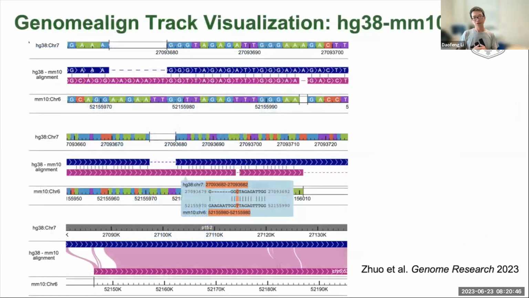Now I'm showing how the visualization is done for the genome alignment track. This example shows the alignment between human hg38 and mouse mm10, and how this alignment is displayed at different zoom levels. On the top is the base level, displaying the human and mouse alignment at the nucleotide level.